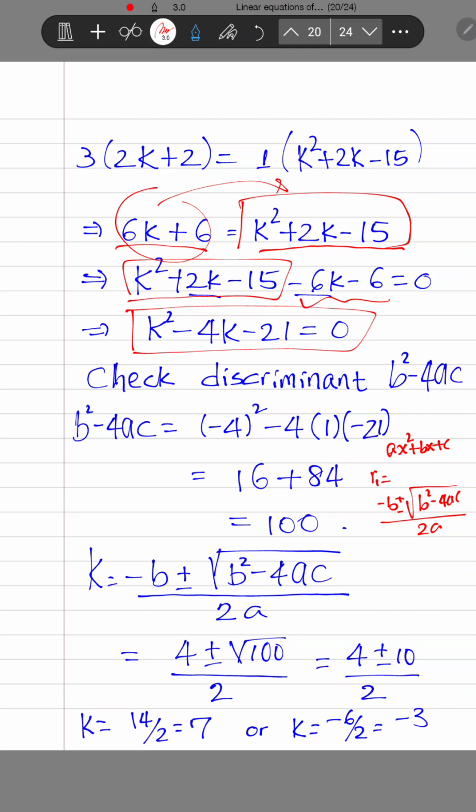This is the one. To avoid complication or rewriting this again and again, it's better to do the discriminant first. That gives more clarity on the equation. So b squared minus 4ac is what we are going to decide.